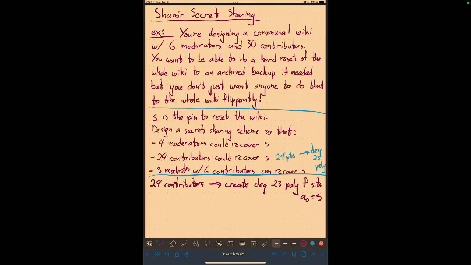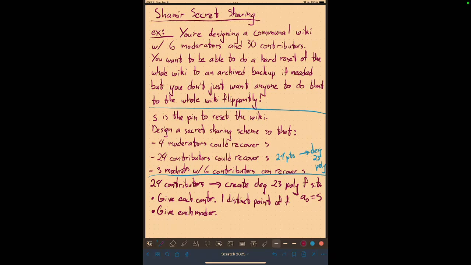So let's write this out. The scheme is this. Give each contributor 1 distinct point of f, while on the other hand, we can give each moderator, I don't want to say mod because we are using moduli everywhere and that might be confusing, so let's say modder.